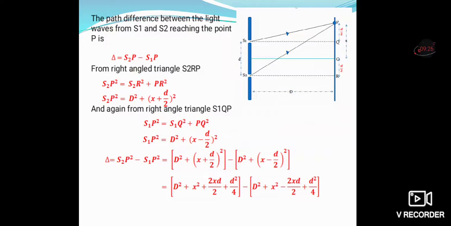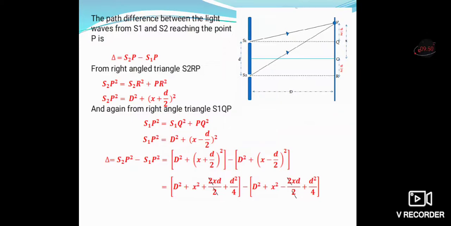It is x square plus 2xd divided by 2 plus d square by 4. The same continues for the second one, in the form a minus b the whole square, that is a square minus 2ab plus b square. So it is x square minus 2xd by 2 plus d square by 4.